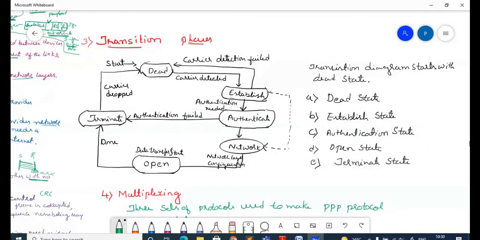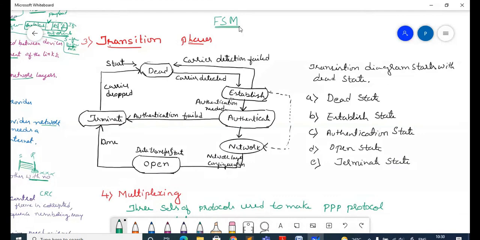So you can observe what the transition diagram indicates. It is nothing but the finite state machine, which we discussed in the previous topic.